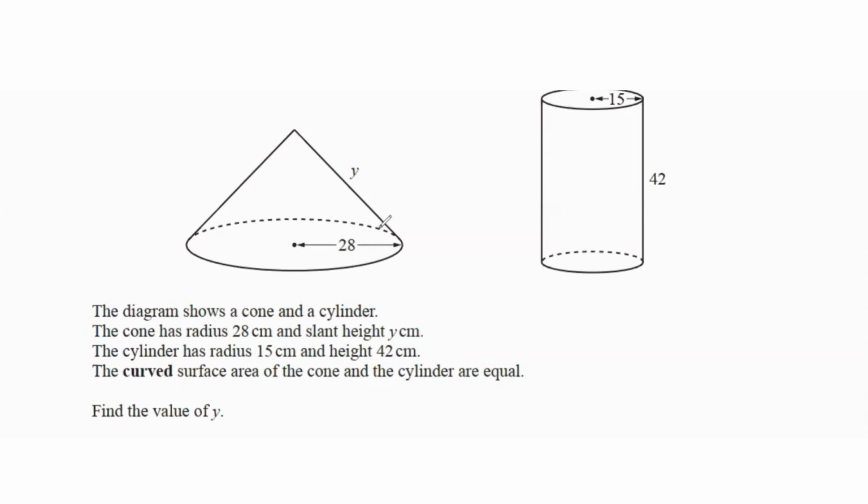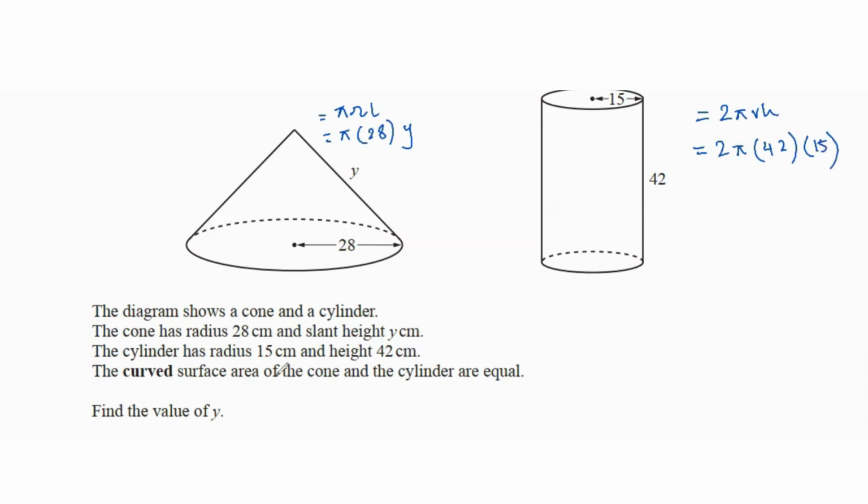So what we'll do is that pi RL over here would be pi times 28 times y. Curved surface area of a cylinder is 2 pi RH. So that's going to be 2 pi times 42 times 15.